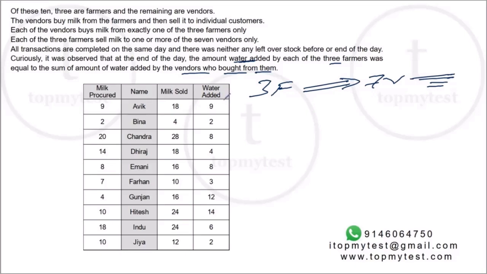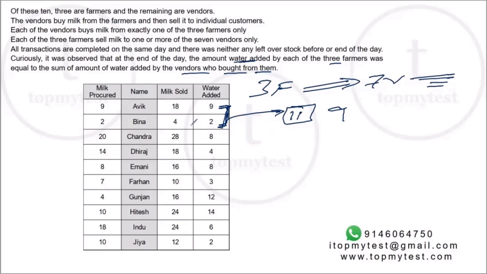But Avik's farmer would have also added 9 liters. Suppose Avik and Beena buy from the same farmer. Avik adds 9, Beena adds 2. So their farmer would have added a combined total of 9 plus 2, 11 liters of water, to the milk sold to them. So this is double counted.